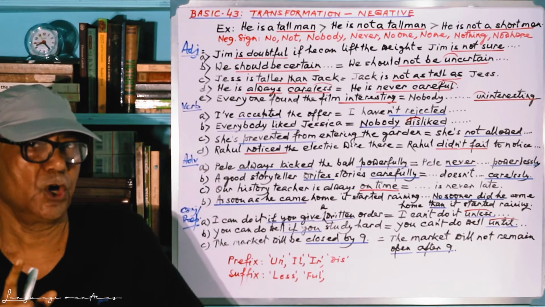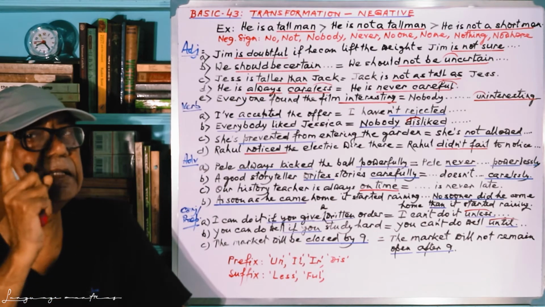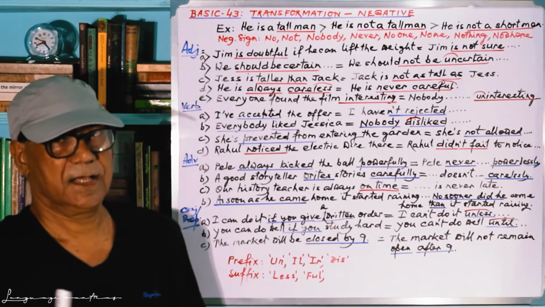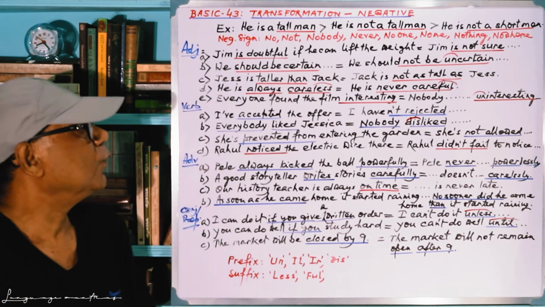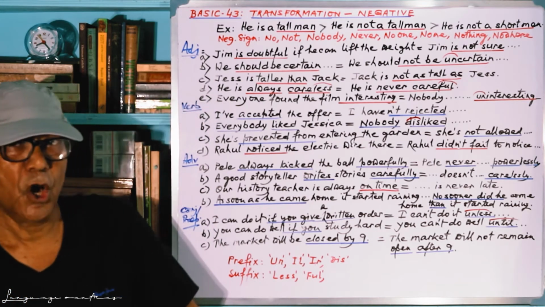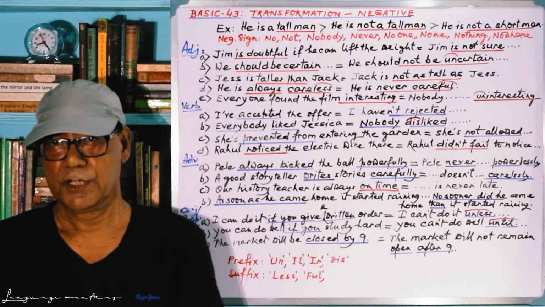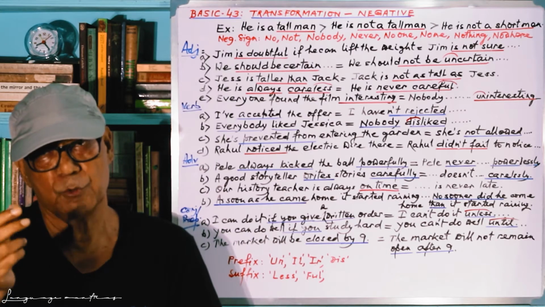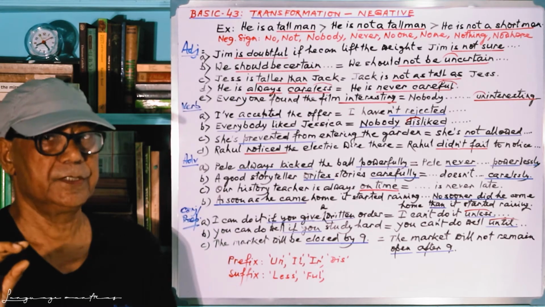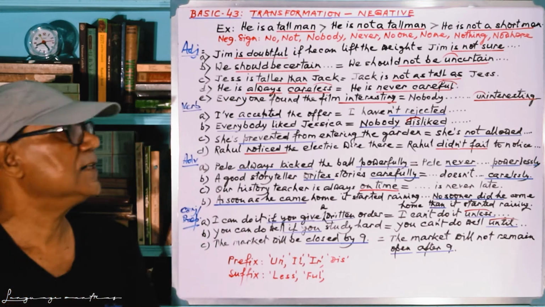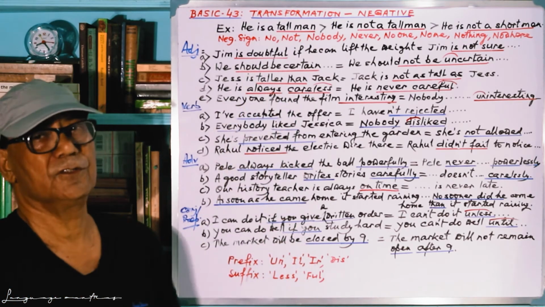But my point is not that. My point is the second option. Therefore, we have to think a little bit more. So what is that? Jim is not sure. Here we have doubtful. In that case, we have to use a particular word that in combination with not in the sentence gives the meaning of doubtful.